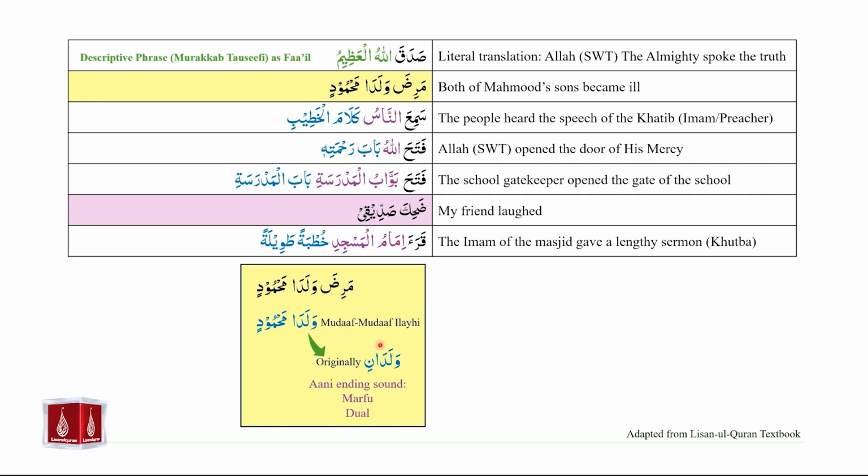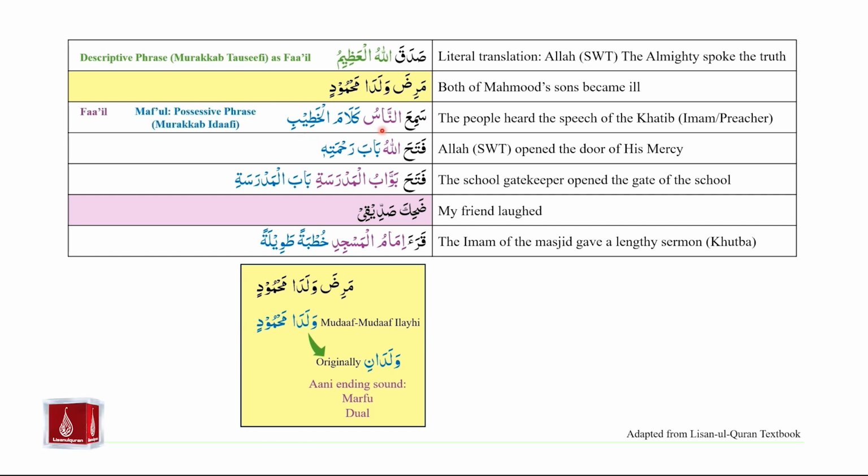We know that this was originally waladani, which has the ani ending sound and is used to indicate marfu form or their dual number. Since we are talking about both of Mahmud's sons, we will be using waladani. But if we use waladani as mudaf, we know that mudaf will not accept noon at its end in the case of dual numbers. So we will remove the noon and we will just have walada. So we have walada Mahmudin as the murakkab izafi.